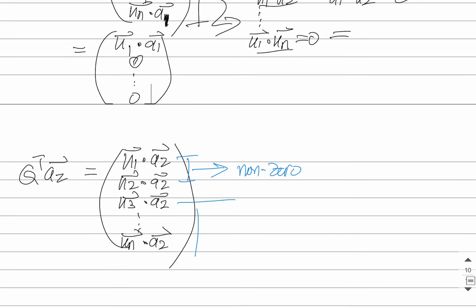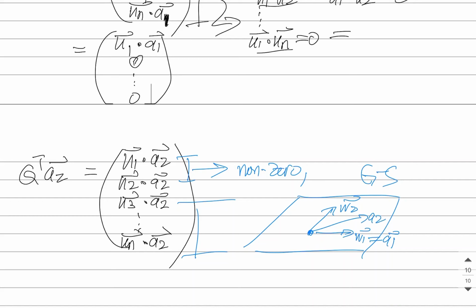But these are going to be a little bit different. Remember that if I talk about the Gram-Schmidt process, I take my W1 and I take my W2, and they are just some version of my original vectors, and they all live in the same plane. They all span the same plane.